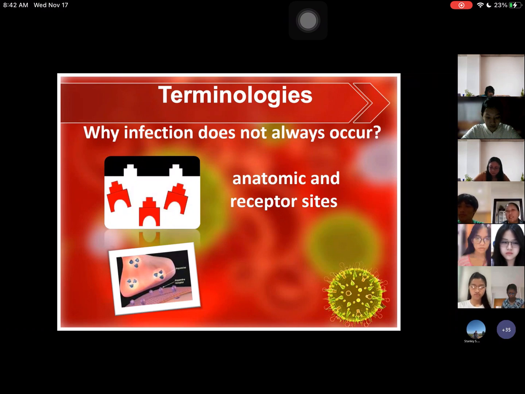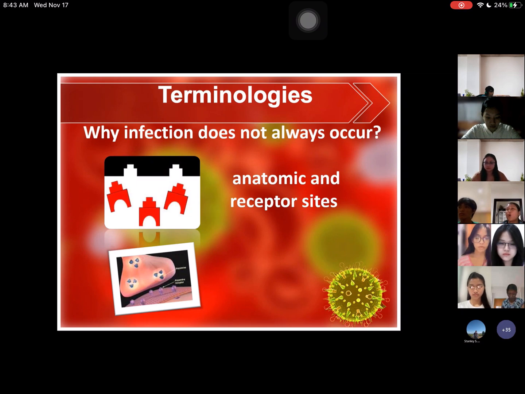The anaerobe may land in an area where it cannot survive and multiply. Some other pathogens may invade or reside in, for example, the stomach, where they will not be able to survive or multiply because of the acidity of the stomach. So it has something to do with the anatomic site.